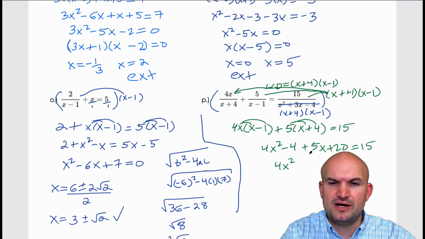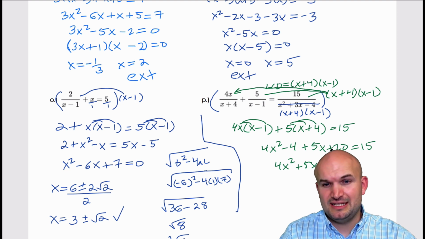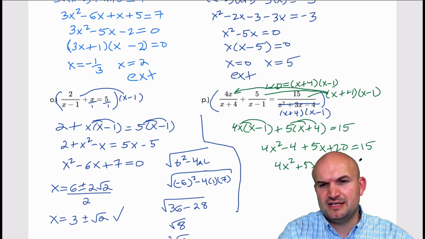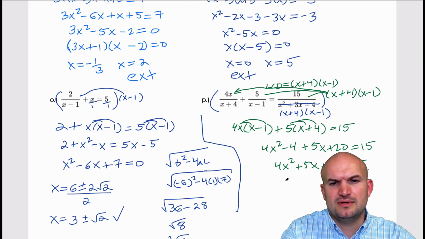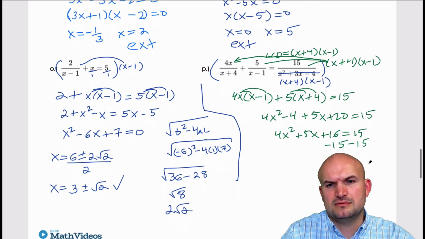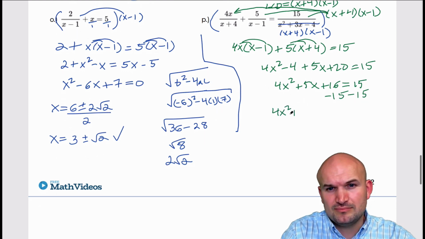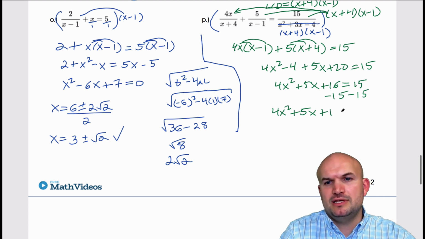So 4x squared plus 5x, and then 20 minus 15, so I'll have to subtract 15 on both sides. So I'm left with 4x squared plus 5x plus 5 equals 0.